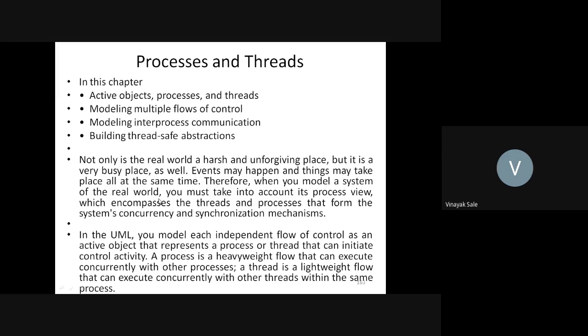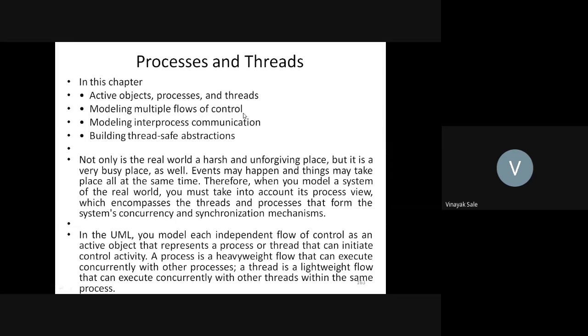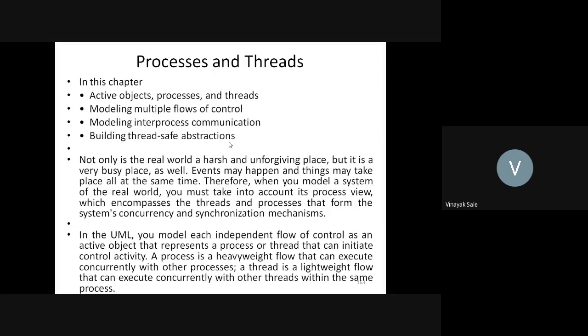So, in this chapter, we will study active objects, processes, and threads, modeling multiple flows of control, modeling inter-process communication, building thread safe abstractions. Not only is the real world a harsh and unforgiving place, but it is a very busy place.